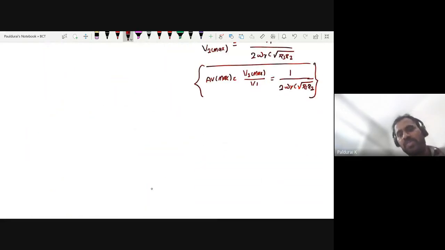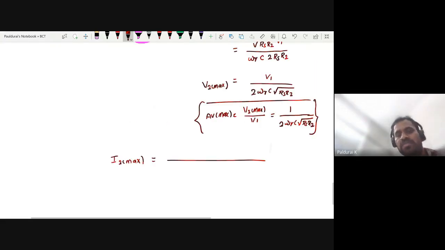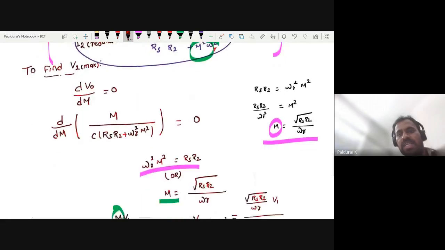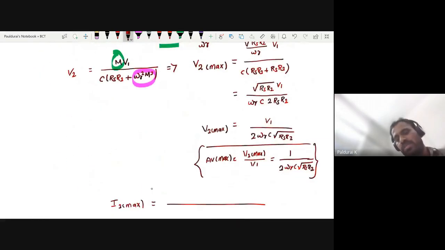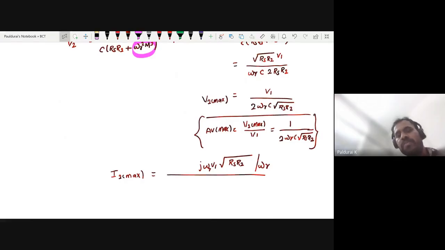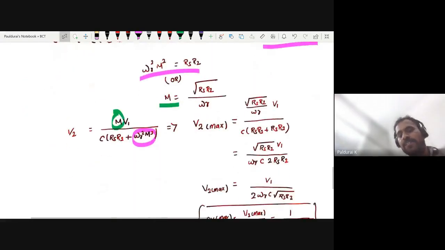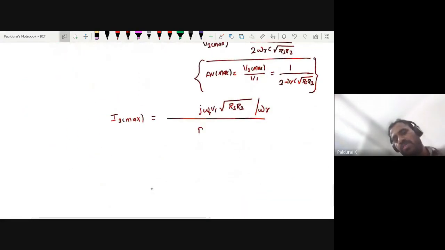So I2 max equals j omega V1 square root of Rs R2 divided by omega R, divided by Rs R2 plus omega R squared M squared replaced by Rs R2.